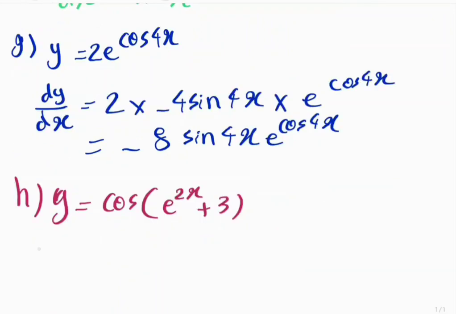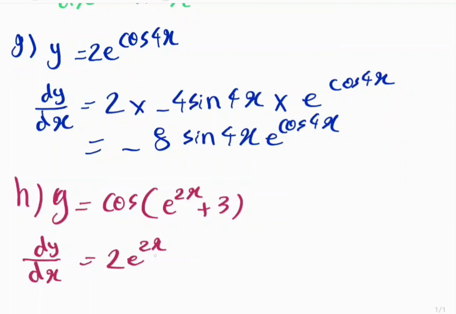Now the last one, and again this is similar to two of the examples in this exercise. So again, we differentiate inside, and we have e to the 2x, which differentiates to 2e to the 2x, because the derivative of the power is just 2, and 3 differentiates to 0, so we don't want that.